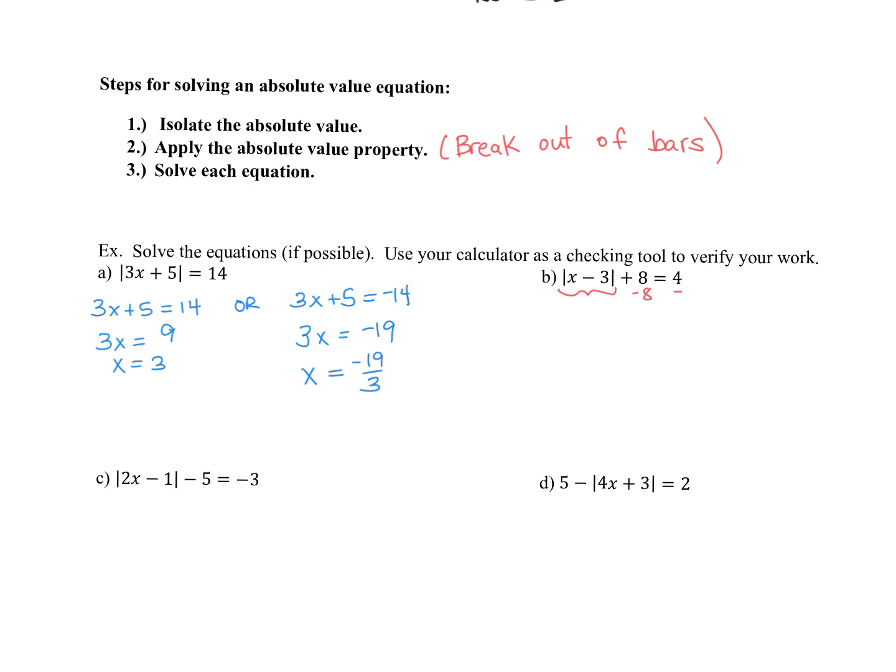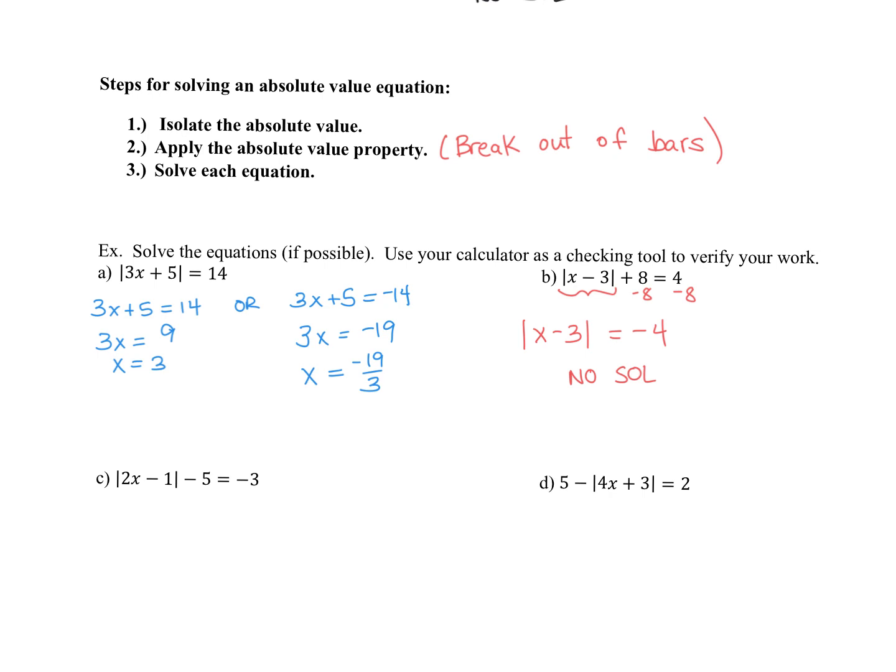So in that case, we would have to subtract 8 from both sides. And we're going to get the absolute value of x minus 3 equals negative 4. This is no solution.